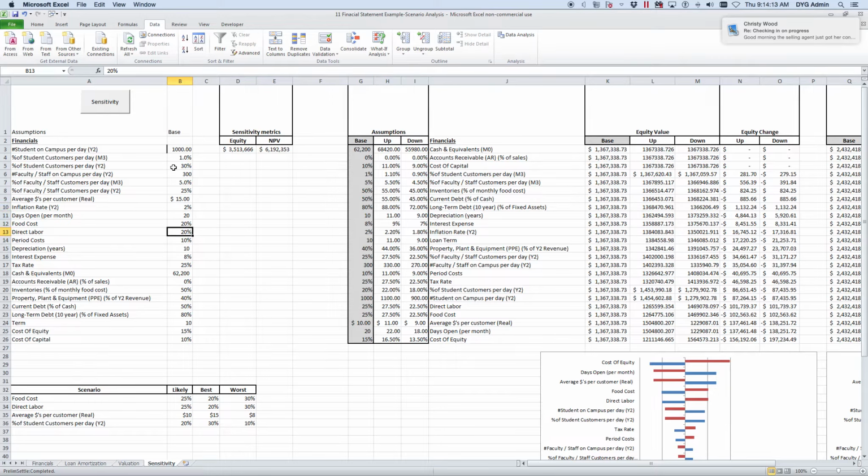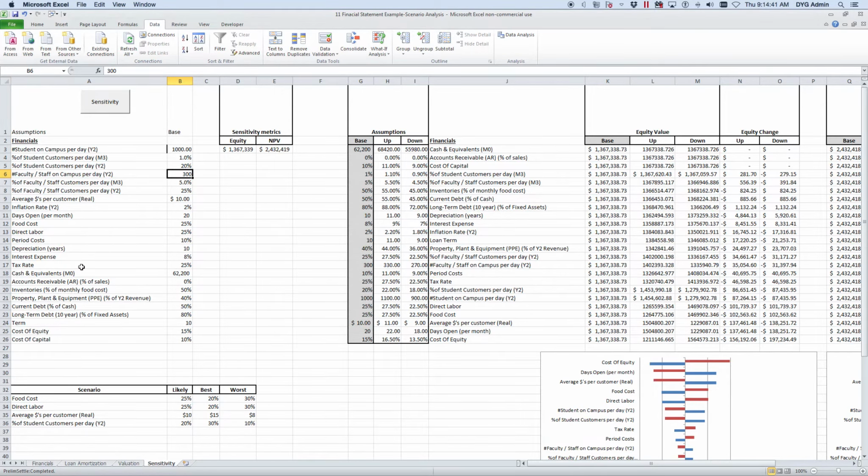So we need to make that 25, customer dollars per day, 10, percent of student customers per day, make that 20. There we go. Okay, having done all that, we're now back to our original 1.367, so that's just our regular scenario.